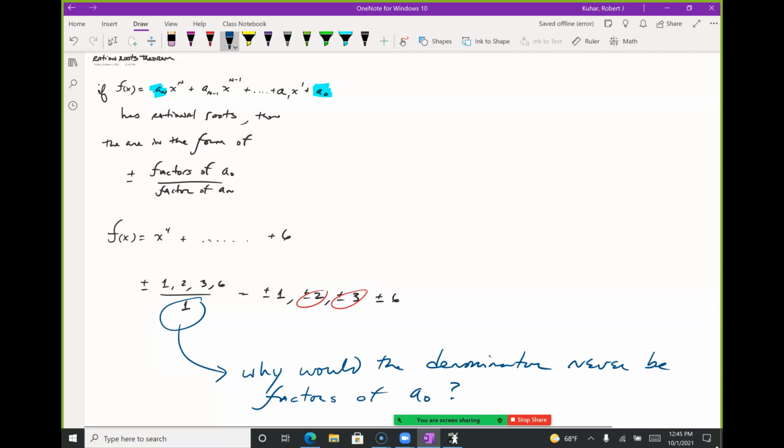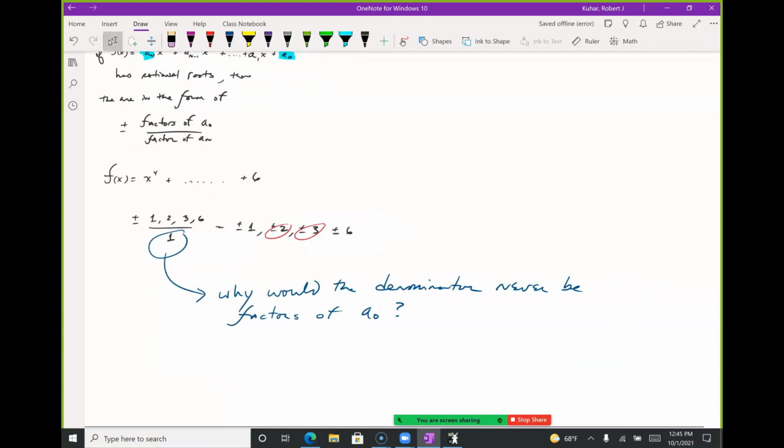Let me get my crickets here for a second. I'll give you a second to think, but I'll ask it again. Why would that downstairs piece never come from the constant? How can I remind myself that it should never ever be the constant down there?